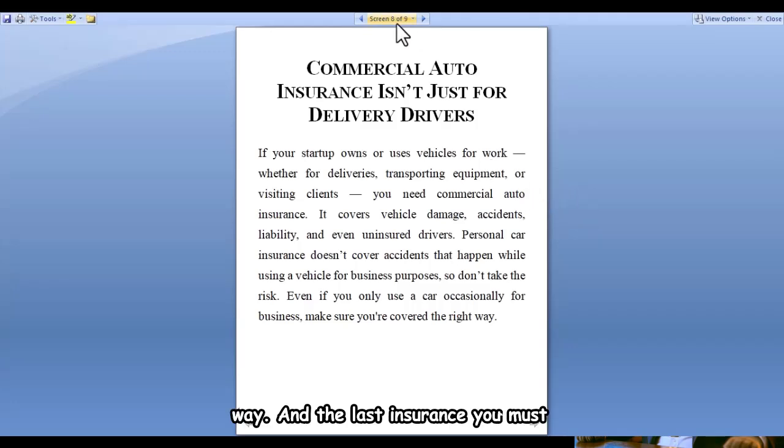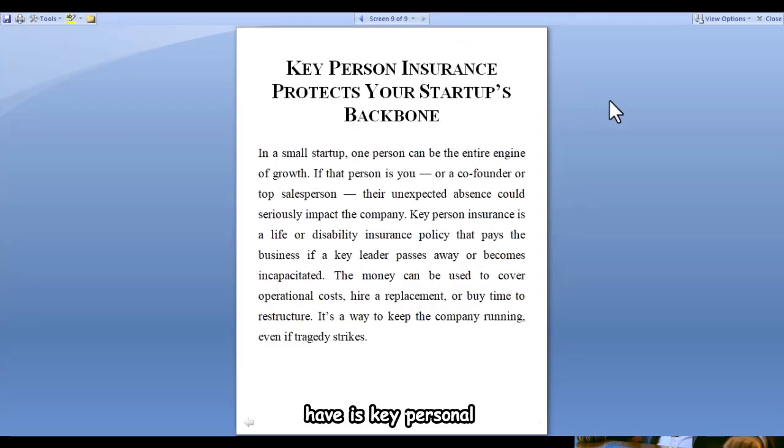And the last insurance you must have is key person insurance. It protects your startup's backbone. In a small startup, one person can be the entire engine of growth. If that person is you, a co-founder, or a top salesperson, their unexpected absence could seriously impact the company.